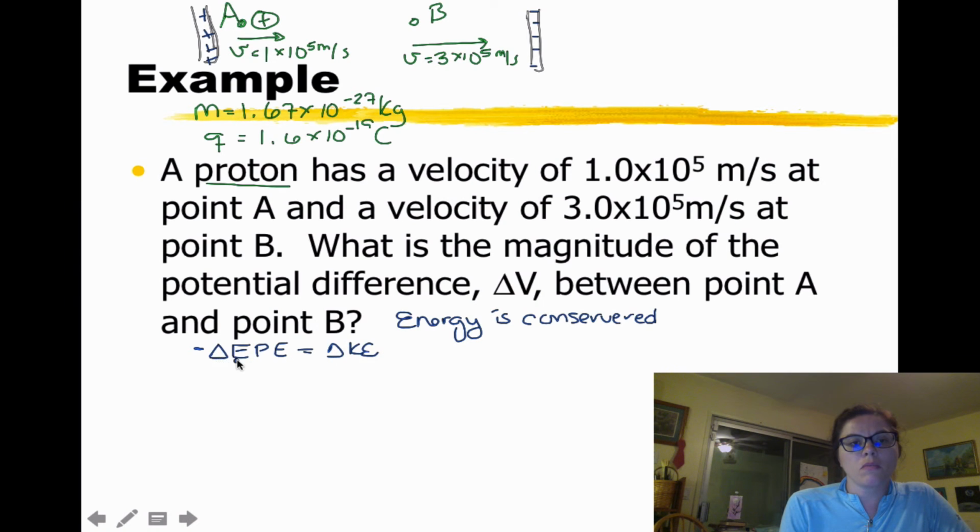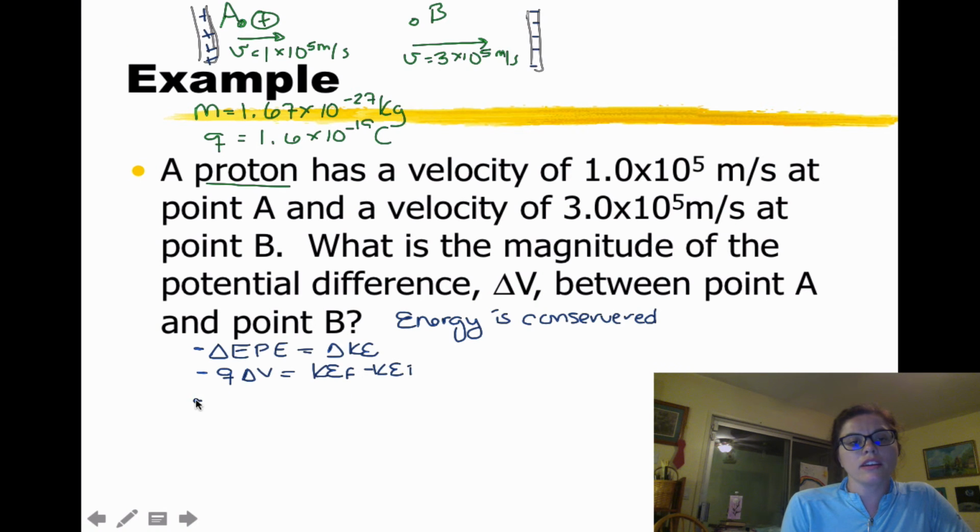One change is negative, the other change is positive. Electric potential energy change is equal to the test charge times the change in voltage, and this is equal to kinetic energy final minus kinetic energy initial.